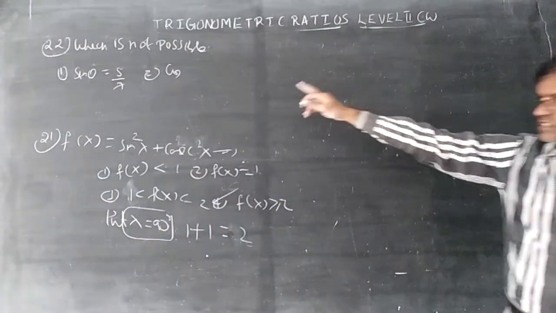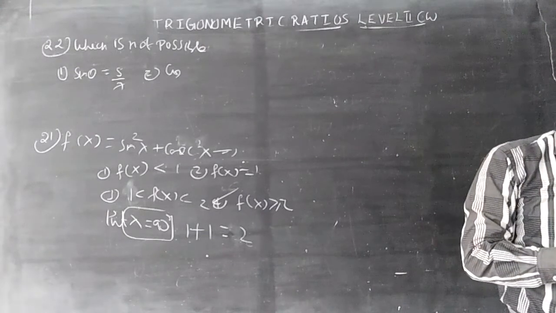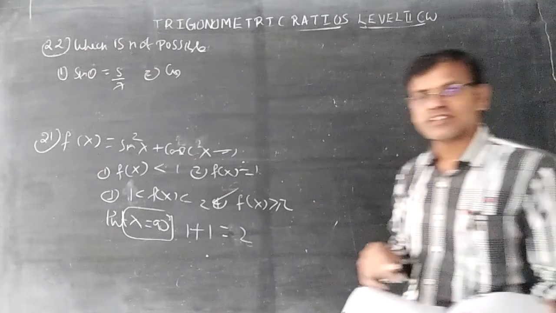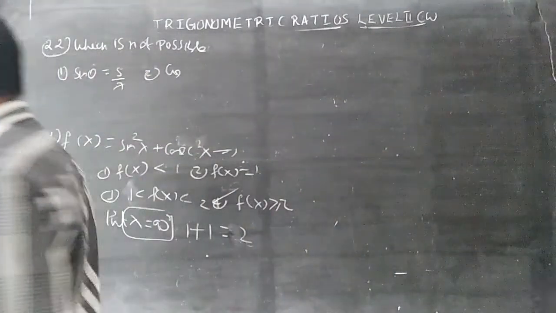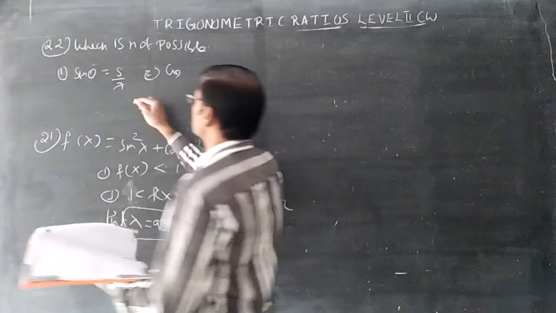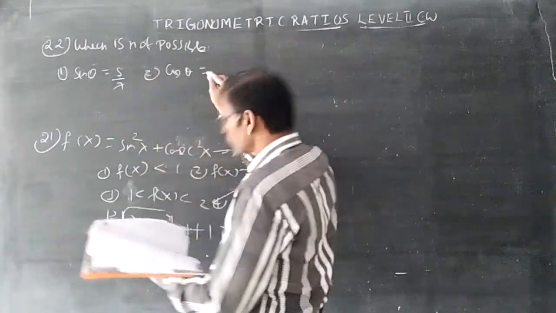Okay, is this sum there or not there in your material? The sum is not there in the material. No problem, you write. What will happen? Nothing will happen. You write the question. Which is not possible? You read the concept, you learn the concept. Sin theta equal to 5 by 7.